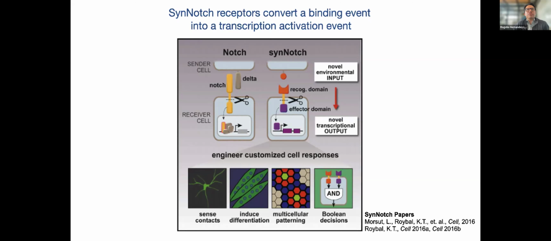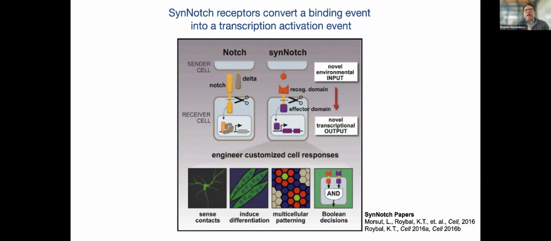What they did was replace the outside part of this receptor with any recognition domain of your choice, for example the binding domain of an antibody. And in the intracellular part, you can replace the endogenous transcription factor with a synthetic transcription factor. So the way to think about the synthetic Notch receptor is that it converts binding into transcription activation.